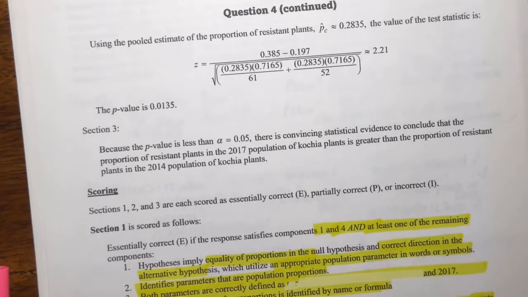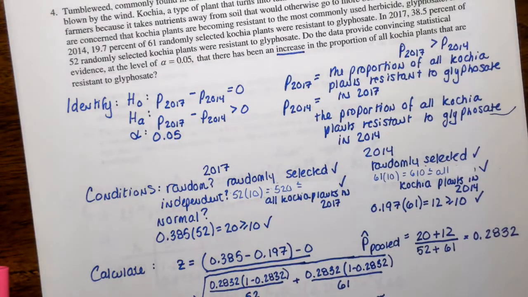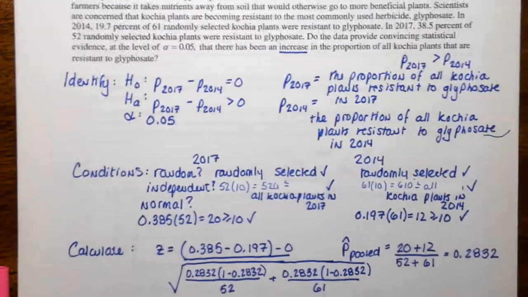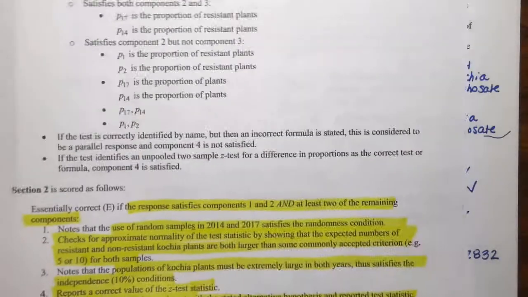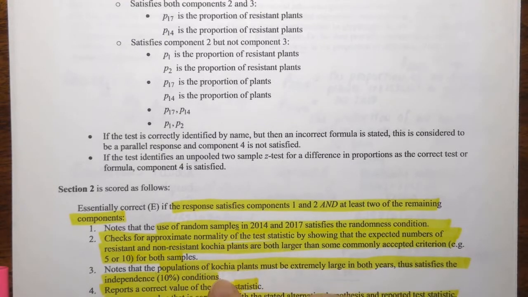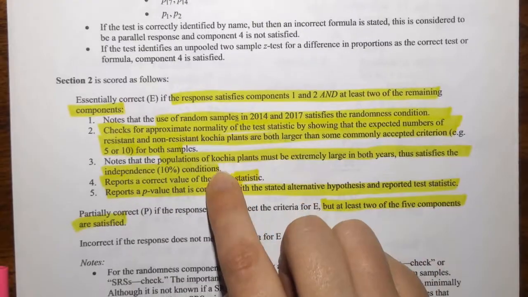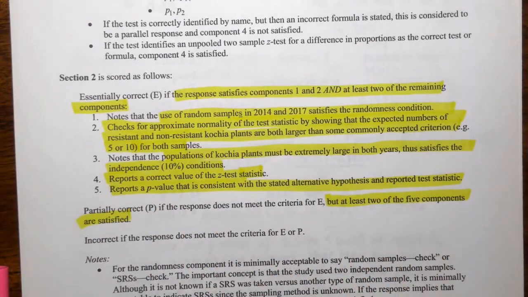So for this, it's all the identify and then just kind of knowing which test to do from your calculate. Okay, now section 2 is also strange. So it's the 3 conditions, a correct z statistic, and then a correct p-value.